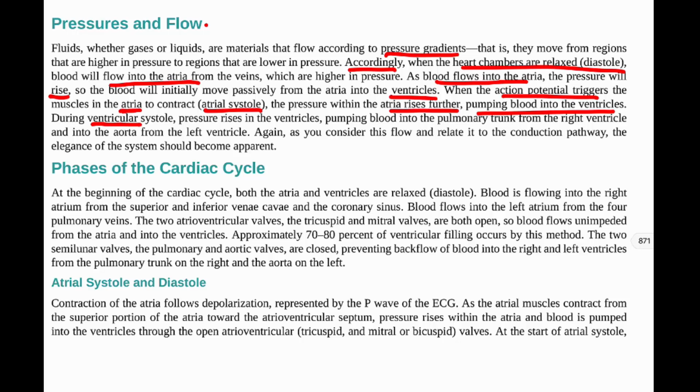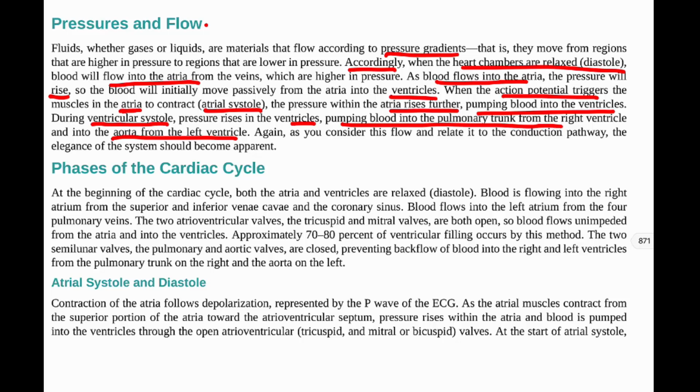During ventricular systole, the pressure rises in the ventricles then, and then it's going to pump blood into the pulmonary trunk from the right ventricle and the aorta from the left ventricle. Again, as you consider this flow and relate it to the conduction pathway, the elegance of the system is apparent.